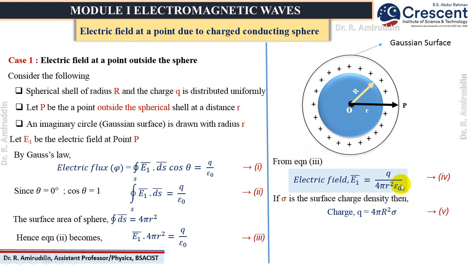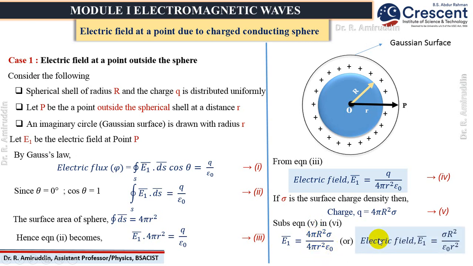So instead of q, we will rewrite this with the following term, and we will have capital E1 is equal to 4 pi capital R square sigma divided by 4 pi r square epsilon naught. We will strike out the common terms, that is 4 pi and 4 pi. So finally we have the electric field E1 is equal to sigma capital R square by epsilon naught small r square. This will be the electric field at a point outside the sphere, at point P.